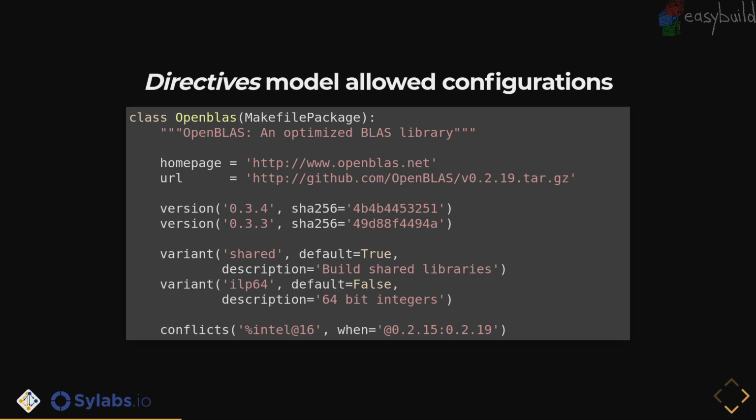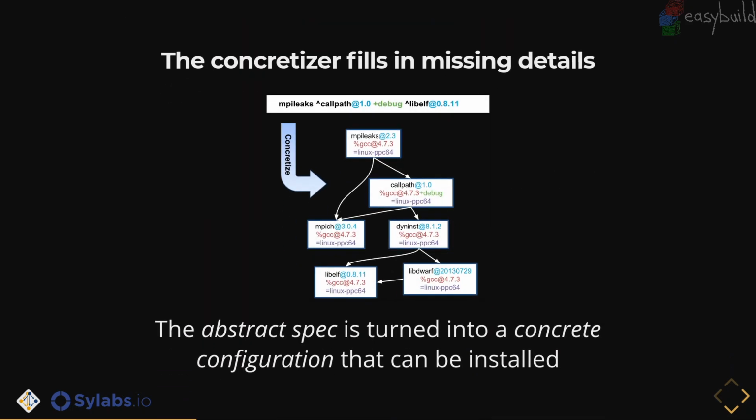And finally, there is the last bit. You have users that, with the spec syntax, tell the tool what they want to build. You have packages that describe what is the search space you can employ. And there is the concretizer that brings the two things together and basically fills in the blanks of what the user didn't say.